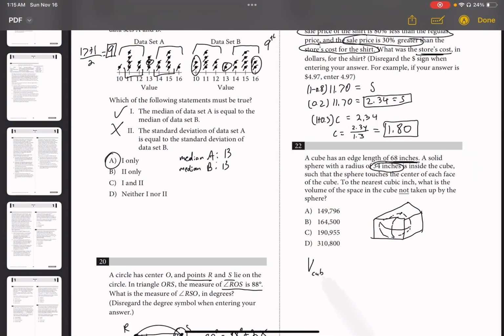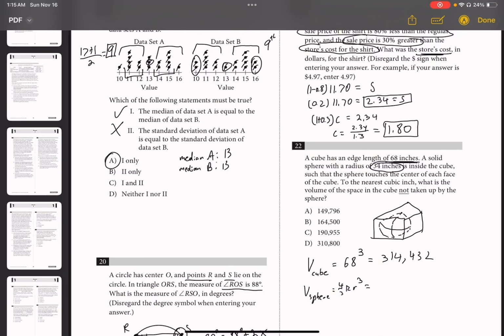The volume of the cube is equal to 68 cubed, since it's the side length cubed. So 68 cubed is equal to 314,432. And the volume of a sphere is 4/3 pi r cubed.